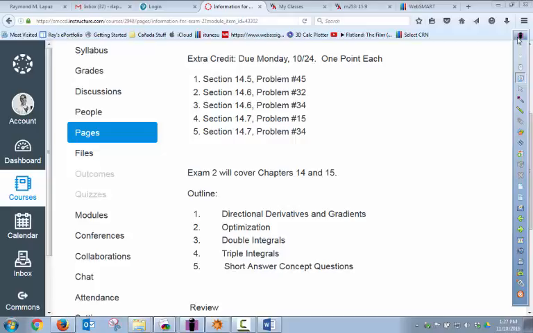The review has true-false questions, but the test will have short answer questions. I think they go hand in hand. They're concept checking ideas.